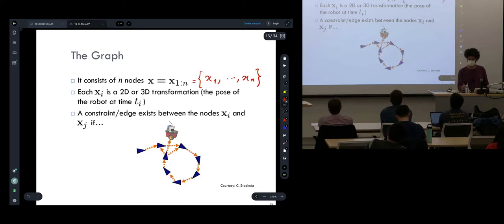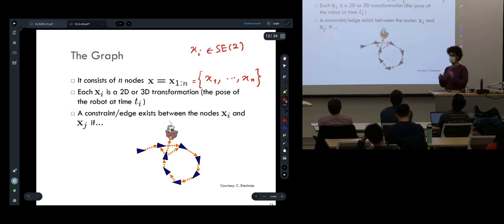For example, here you might assume xi is in SE2. If it's a 2D robot, you have the 2D position and orientation of the robot.